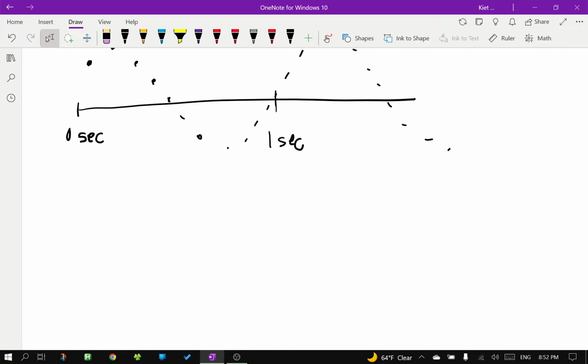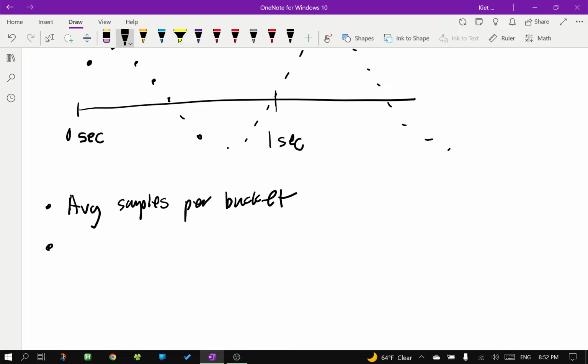So what you can do is take the average sample. Calculate the average samples per bucket.